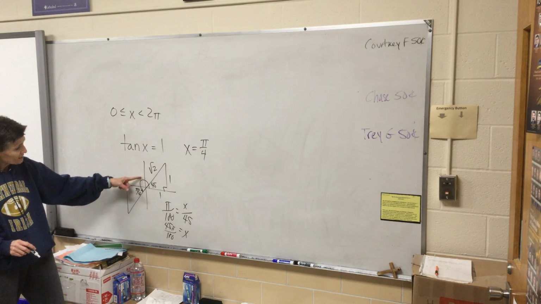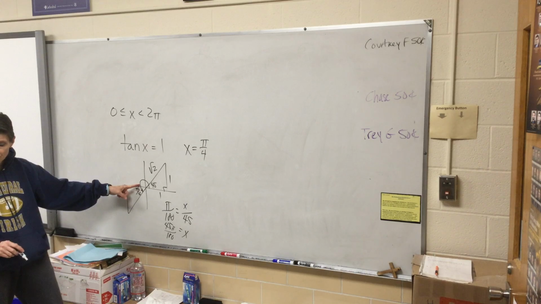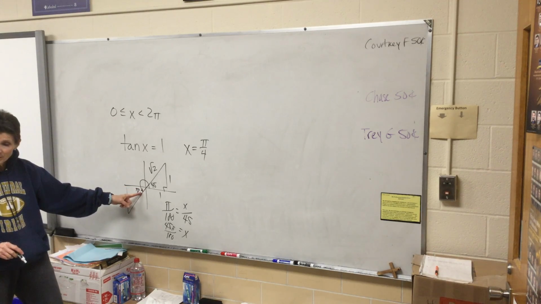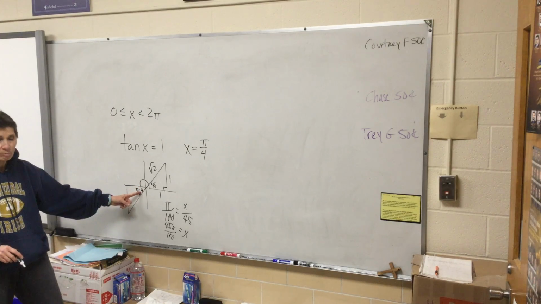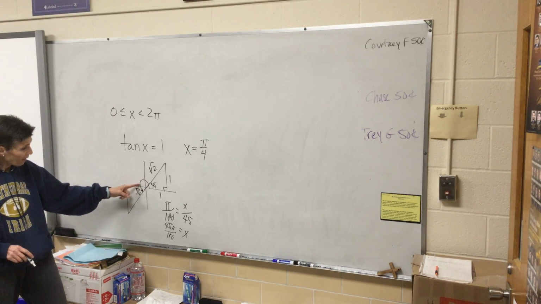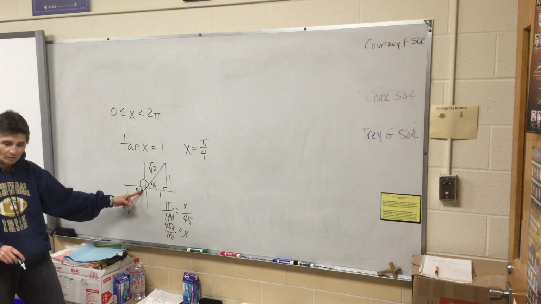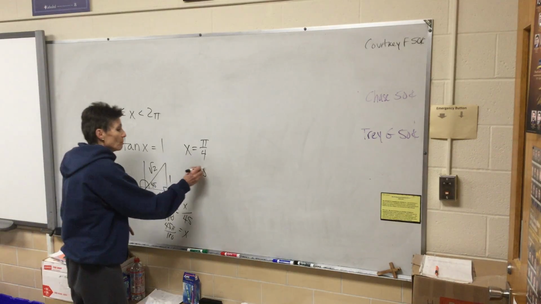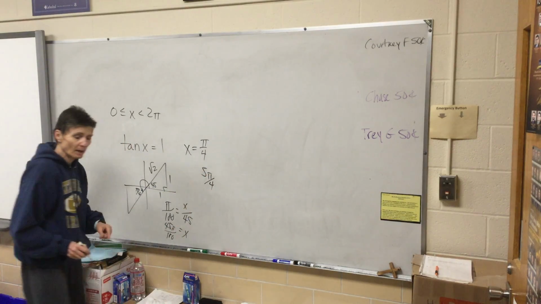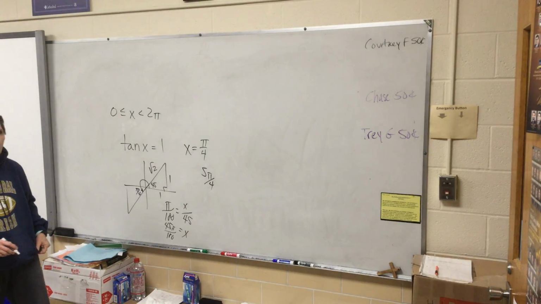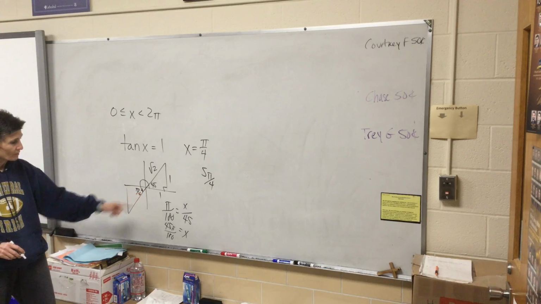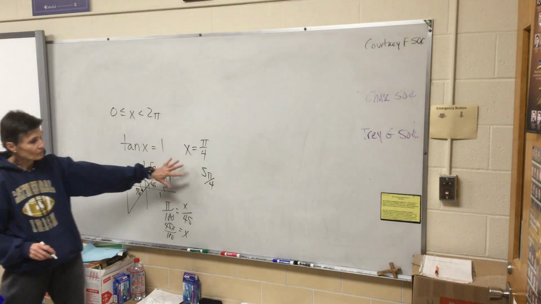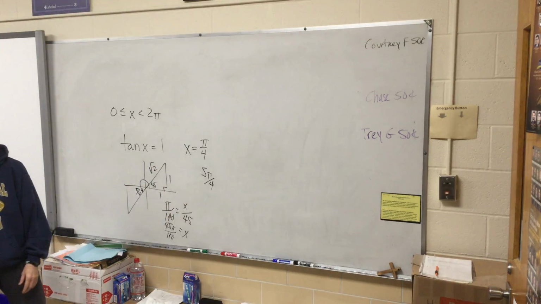Well, remember, from here to here is 180, and I'm going it's pi, and I'm going 1/4 more. So this is like pi plus a fourth. So the other answer to the problem is 5 pi over 4. 1 1/4 pi. Pi and an extra fourth. So here are the two answers to the problem.